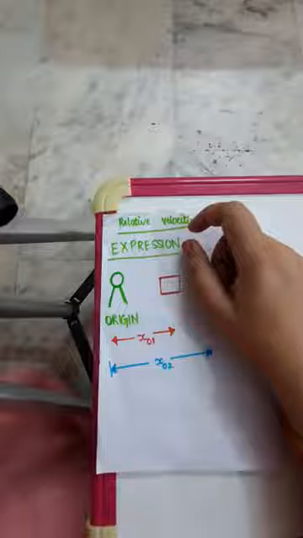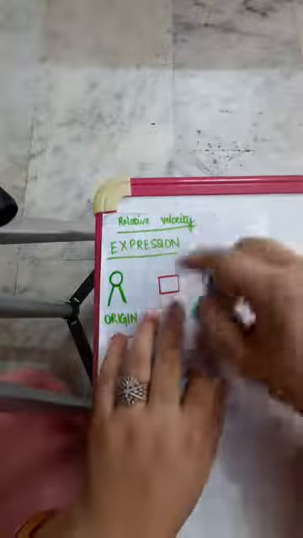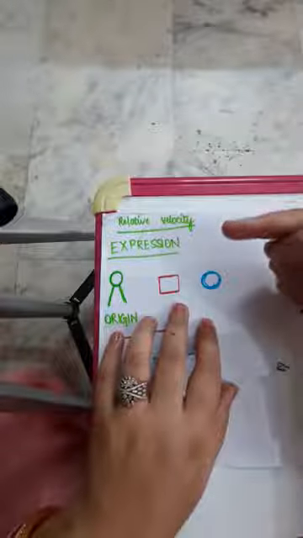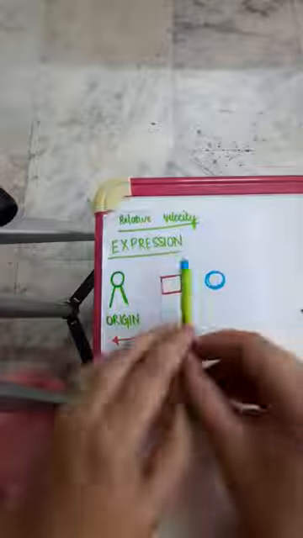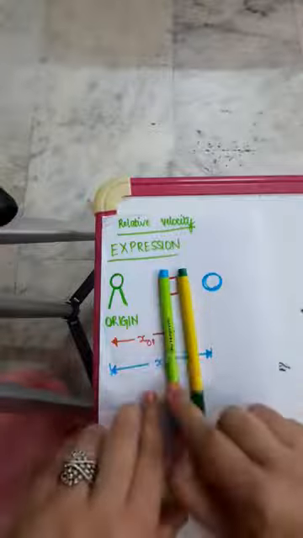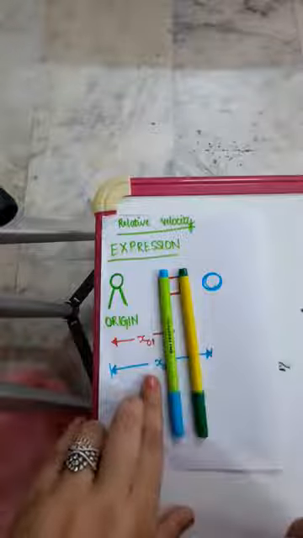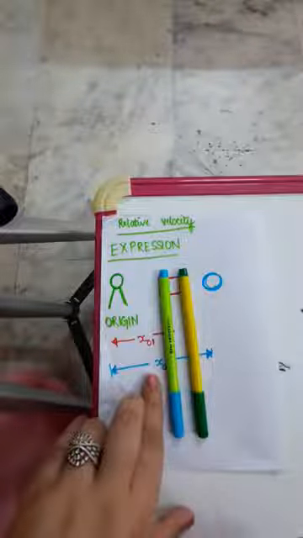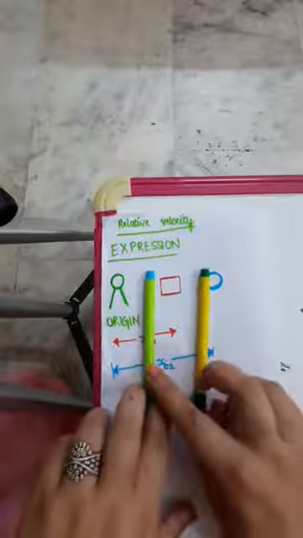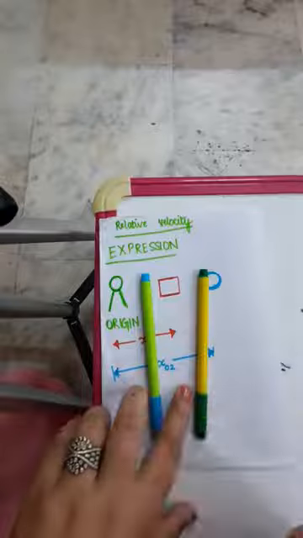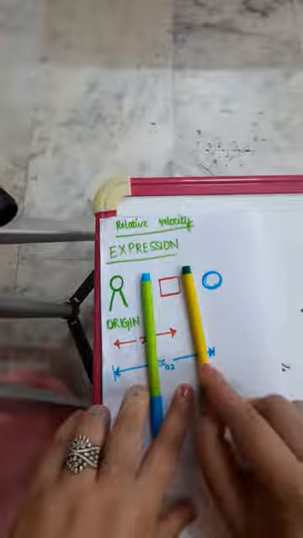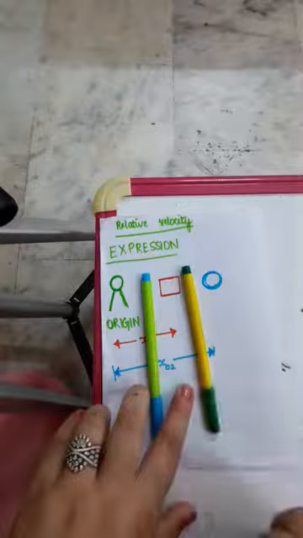But relative velocity means when you have two objects that are simultaneously moving. Suppose you have two objects. This object is moving and this object is also moving. According to the observer, this object is moving with a speed of 50 kilometers per hour, and this object is moving with a speed of 52 kilometers per hour.